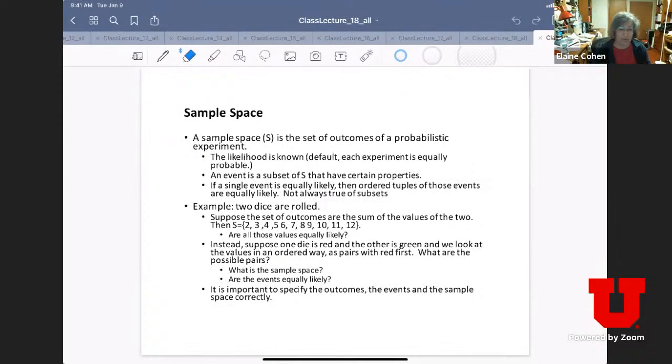If you roll two dice and look at the outcomes as the sum of the two, not all outcomes are equally likely. If you talk about one die being red and one being green, then you can look at them as ordered pairs, and then you can make them equally likely.